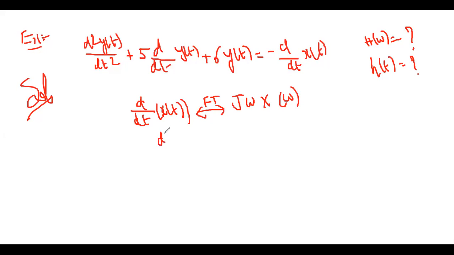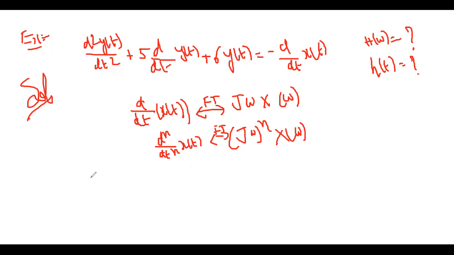And if it is an nth derivative of x of t, the Fourier transformation is j omega whole power n X of omega. If it is a second derivative, j omega square; third derivative, j omega cube. Using this property, apply here for the differential equation.